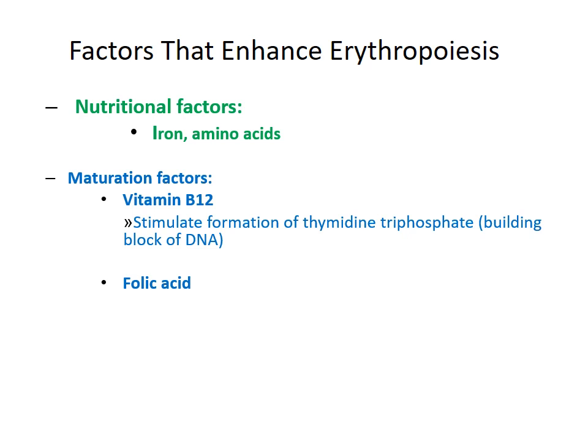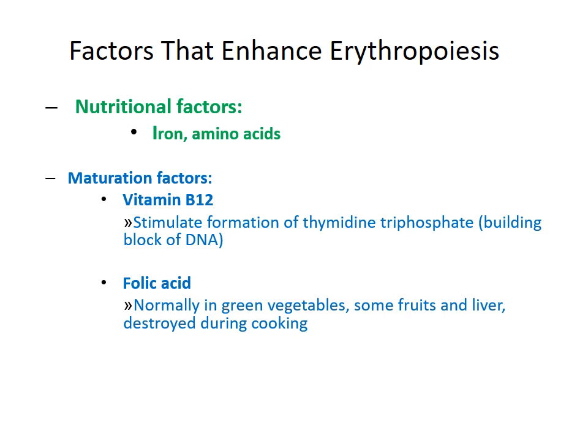The maturation process is not completed because they are essential maturation factors. Normally folic acid is obtained from green leafy vegetables, some fruits, liver, etc., and it is destroyed during cooking.